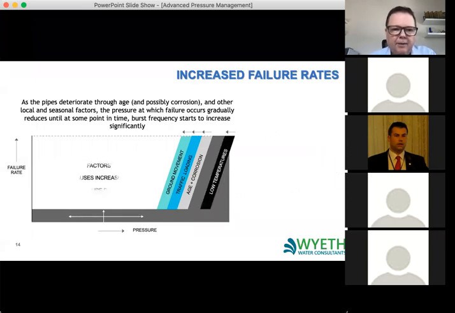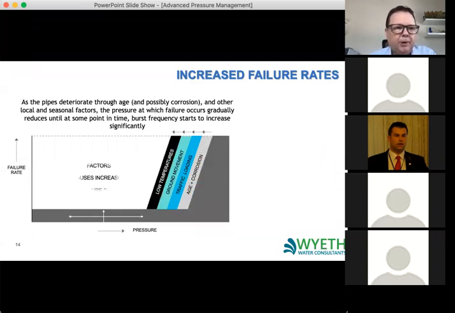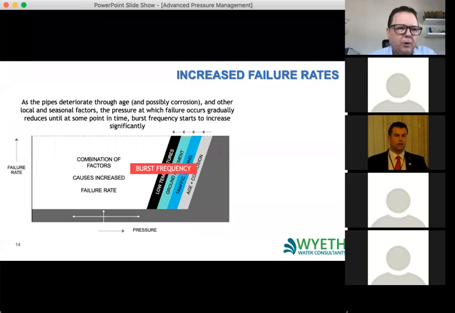And then the other factor is low temperatures. So when we start to get ice, where water is freezing in the ground and then thawing, we're actually getting contraction of the ground, which means ground movement as well. All of those mean that the strength of the pipe is getting closer to the pressures that we have in our network. And that will then lead to burst frequency once those two start to overlap.